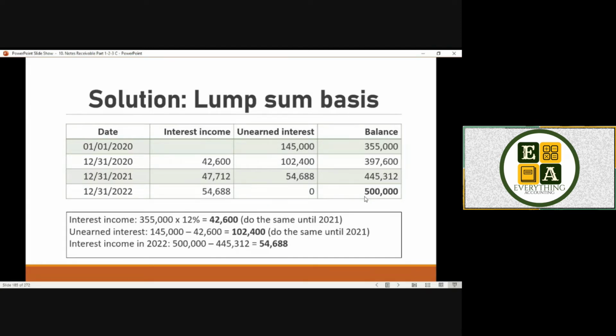But because we're going to arrive at the full amount of 500,000 at the end of 2022, what we're going to do is to adjust the last figures. So zero out the unearned interest. To zero that out, carry forward 54,688 as interest income. So 54,688 versus 54,688, that will be zero for unearned interest. Then 54,688 plus 445,312, that would be a full amount of 500,000.